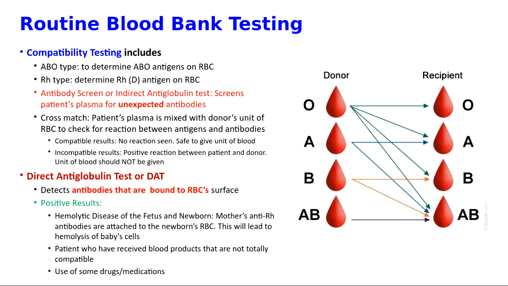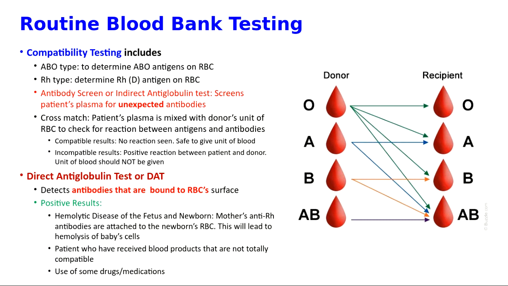Another commonly done test in routine blood bank is the DAT, the direct antiglobulin test. That is looking for the red blood cells of a patient that are suspected of being already coated with an antibody.